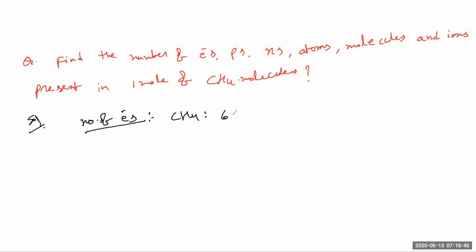Each hydrogen contains 1 electron, 4 hydrogens are there, that means 4. That is 10 electrons. That means 10 into Avogadro number of electrons, 6.023 into 10 power 23 electrons. Why? Because 1 mole is given, so 1 mole means multiplied with mole.